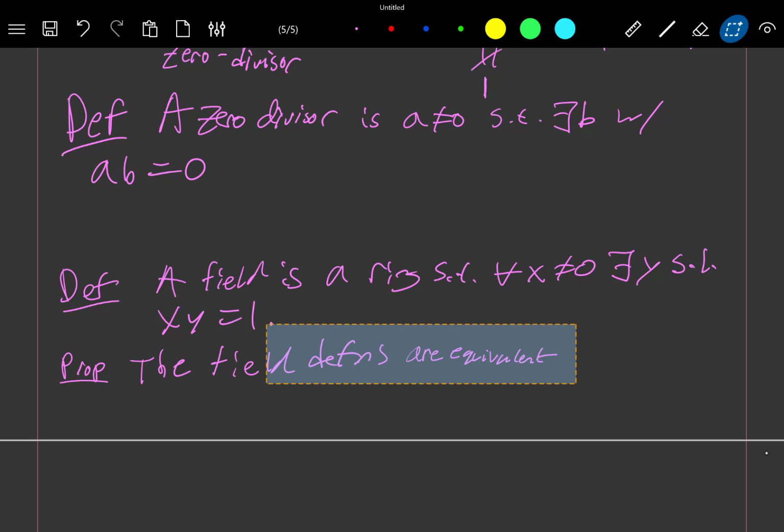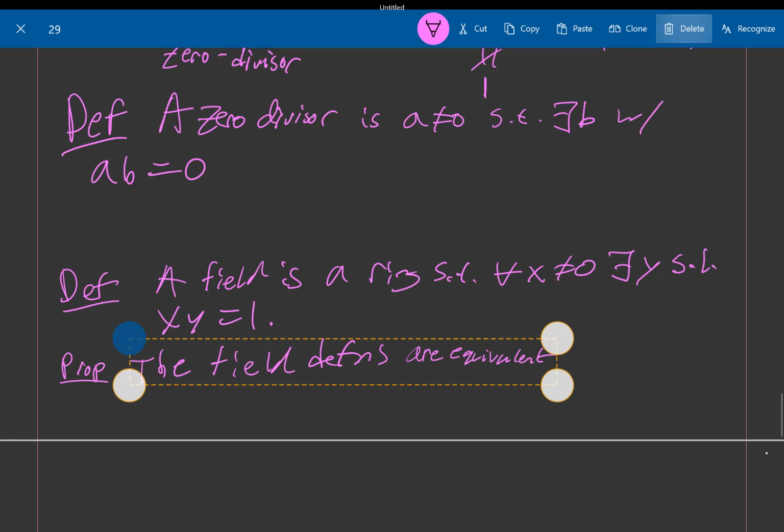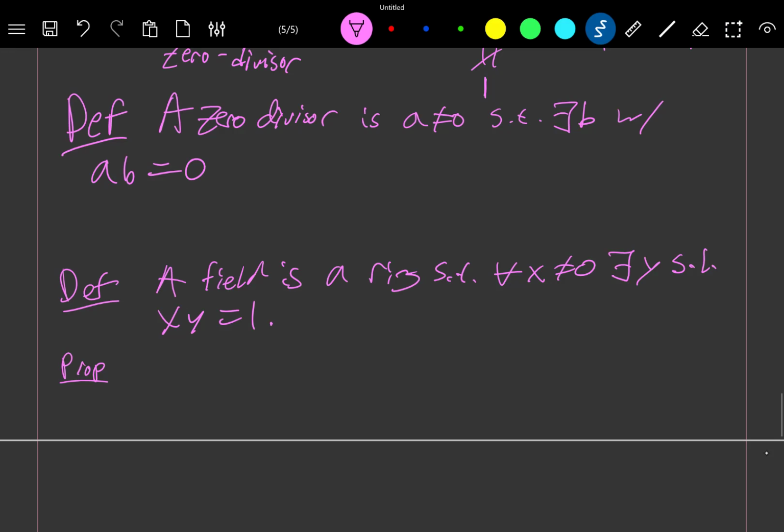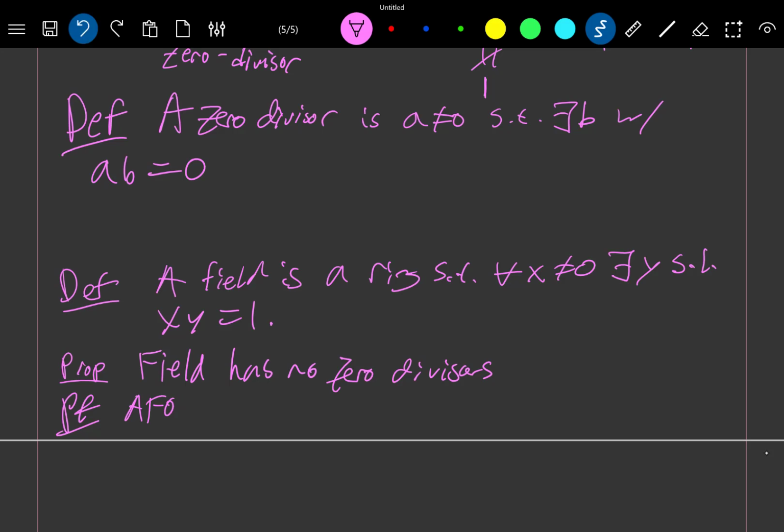So I should say a field has no zero divisors. So if we prove this, assume for the sake of contradiction that we have a field with some zero divisor.